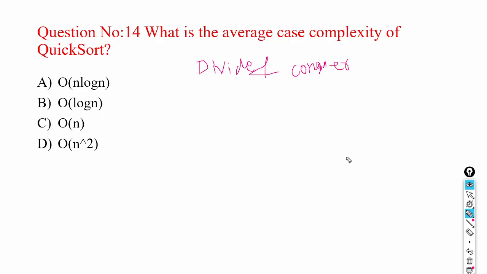First we divide the array into two parts, that is the partitions. Then we select the pivot element. Then we do the sorting. And this we call recursive sorting.